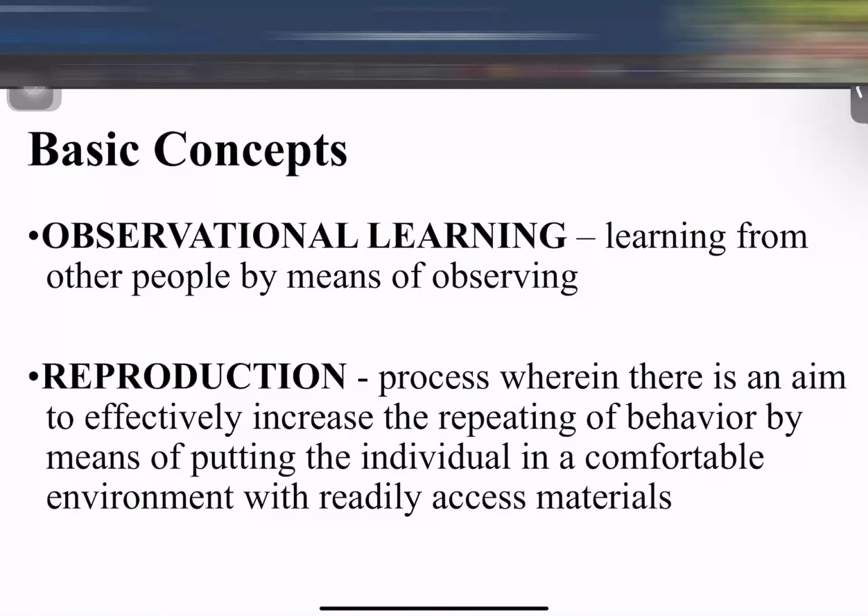And when I use, class, the term reproduction, it is the process wherein the aim, class, is to effectively increase the repetition of behavior by putting the individual in a comfortable environment with readily accessible materials. Now, class, ano pong ibig sabihin here ng reproduction? Di ba, class, when I talk about reproduction, siguro oftentimes pumapasok sa isip natin sexual reproduction.